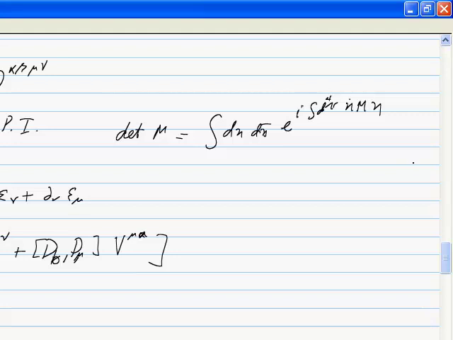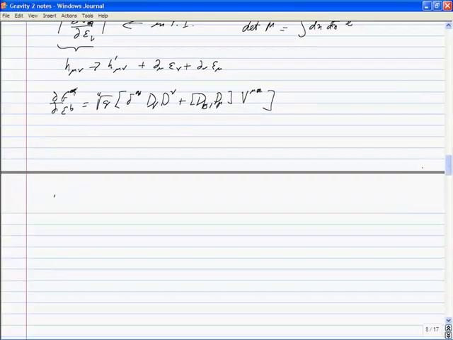Anyway, this ends up then with a ghost Lagrangian, ghost fields.